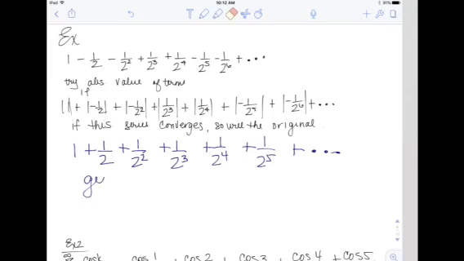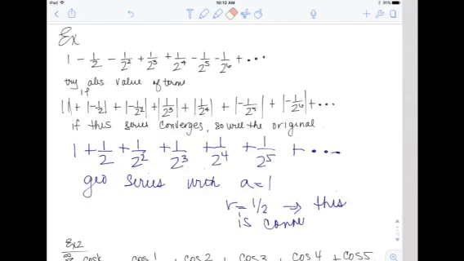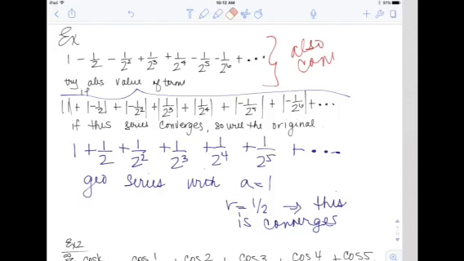This is a geometric series with a equaling 1 and r equaling 1/2, which implies that this series converges. Since the absolute value of each of the terms of this series creates a convergent series, that implies that the original series also converges.